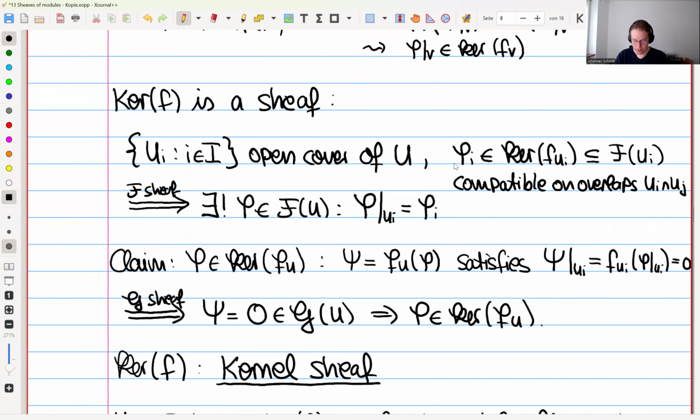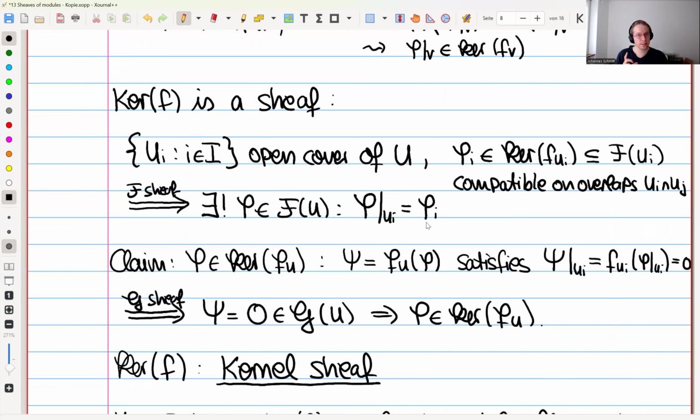And so the first thing that we use is that F itself is a sheaf, because in particular, all these phi_i are also sections of F on all of these U_i, and they're compatible. So by the sheaf property of F, they glue together to a unique phi in F(U), which has this nice restriction property. So this basically already shows the uniqueness.